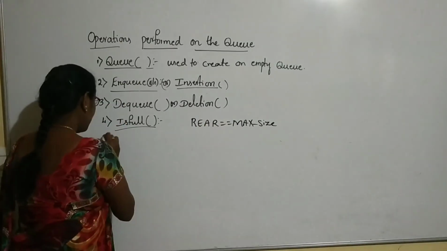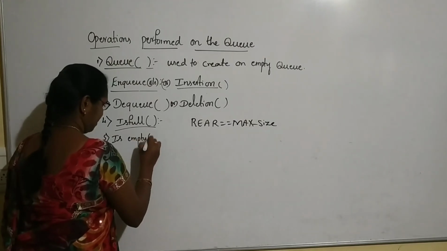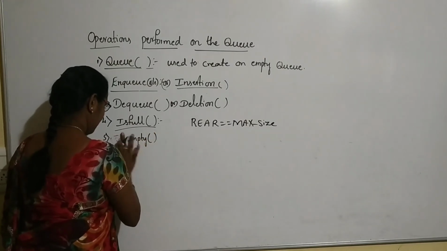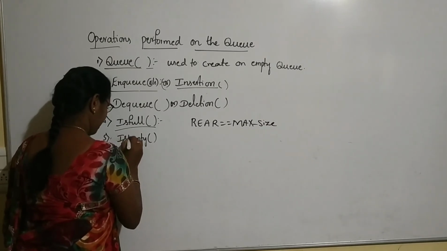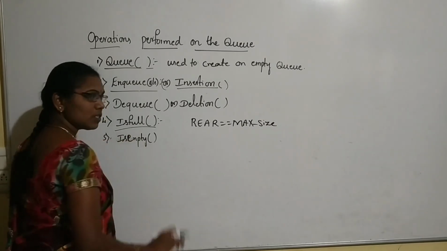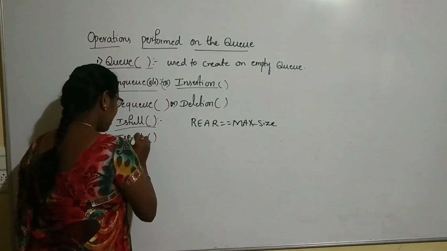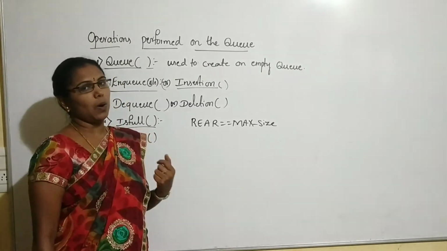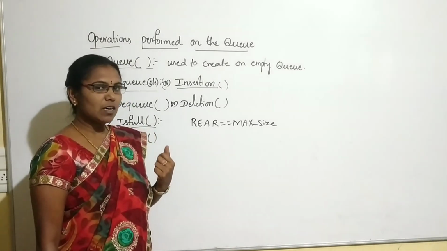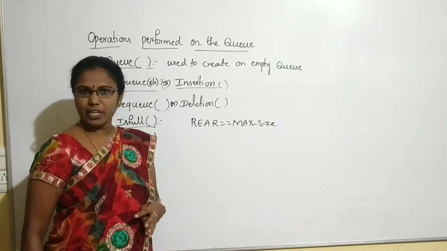Next function is empty. The is empty function is used to check whether the queue is empty or not. We want to delete elements from the queue, right? If elements are there, we can perform the deletion operation.